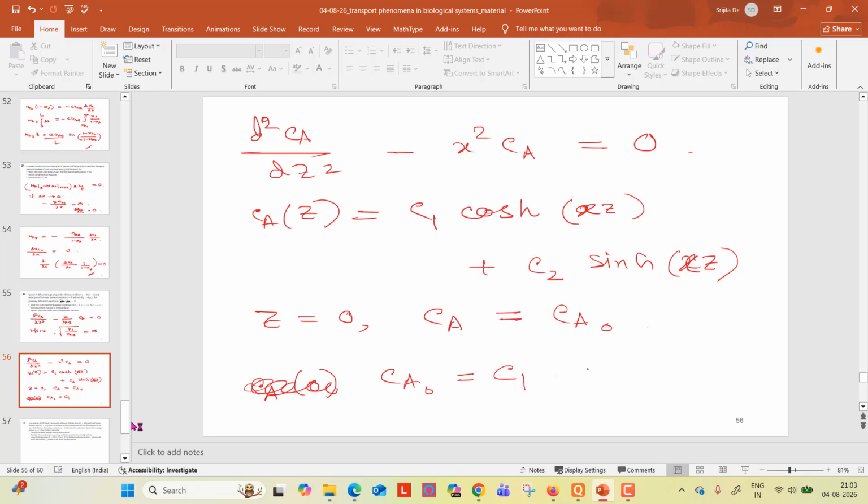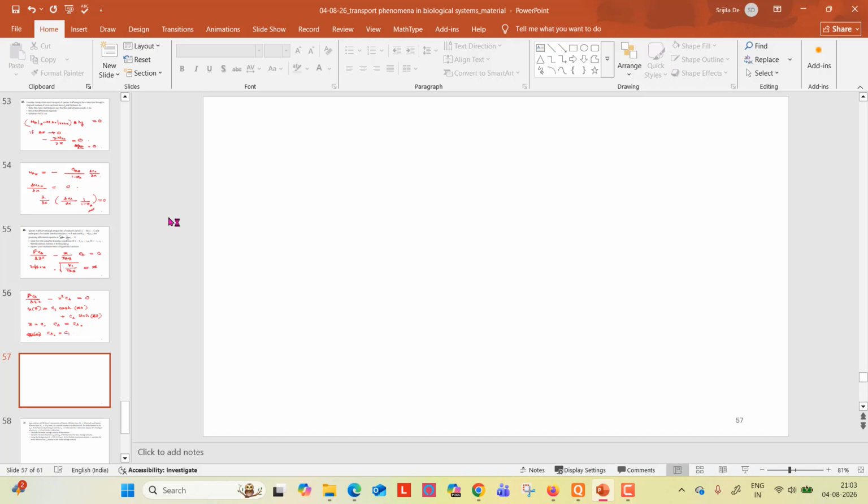Now we are putting the second condition. What is that? At z equals L, Ca equals 0. So 0 equals C1, which is Ca0, we have calculated, cosh(kL) plus C2 sinh(kL).